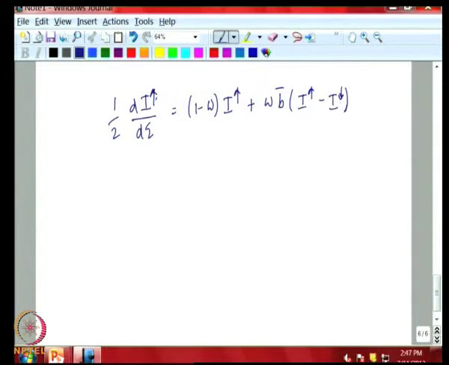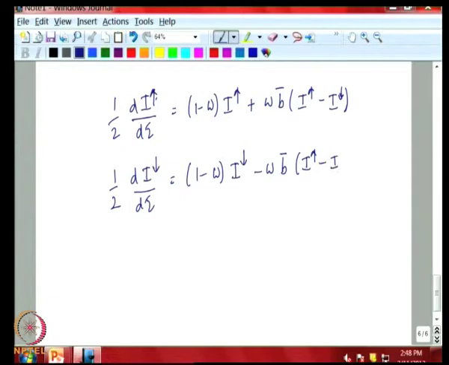Now, since this is an unknown term here, we have to write the equation for the downward intensity. And this will come out as 1 minus omega I downwards minus omega b bar into I up minus I down.